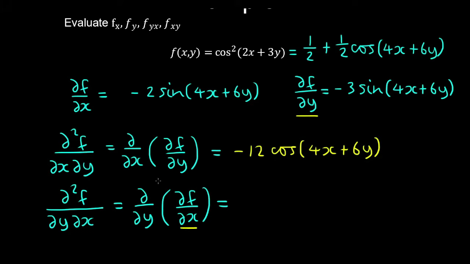So this partial derivative was evaluated, and we take the partial with respect to y. So that gives minus 12 by cosine 4x plus 6y. So because the function is continuous, and these partial derivatives are all continuous, then the mixed derivatives are symmetric as expected.